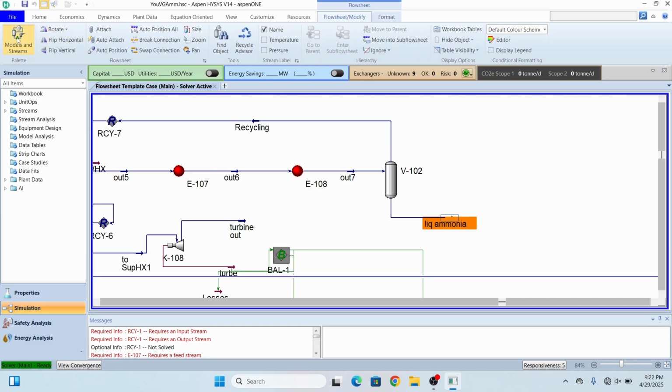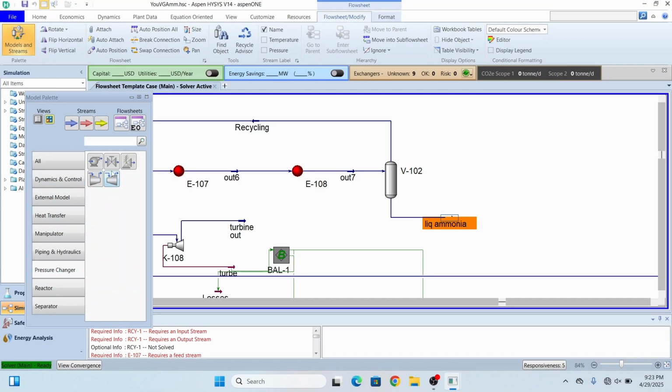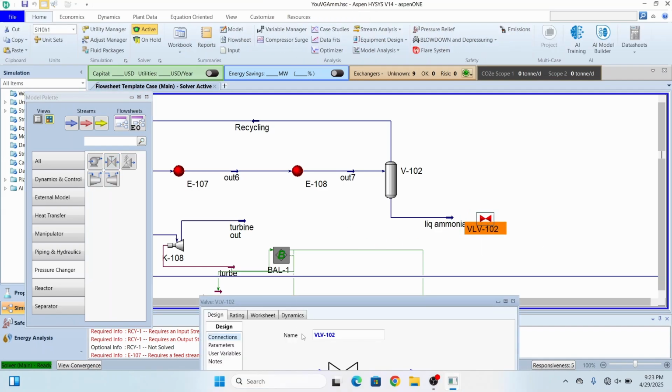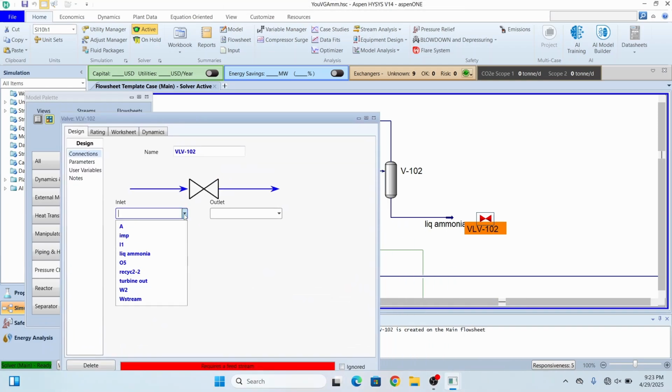I will go to my model palette, and from the pressure changers I will select a valve, and this valve will act as a let down valve. I will make my connections. Its inlet will be liquid ammonia, and here you can write let down ammonia.